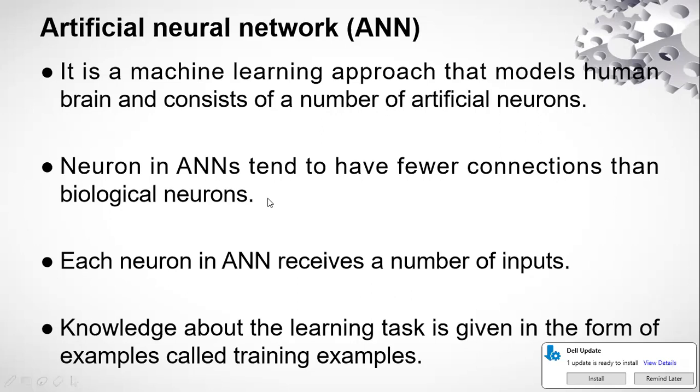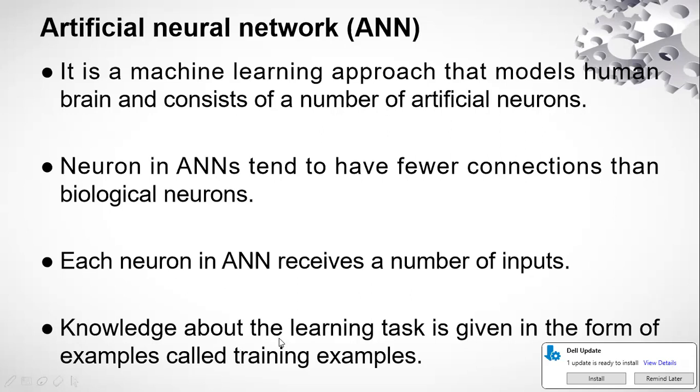We do not have the same capacity of working as the human brain, but we are trying to mimic it. Next, each neuron in an ANN receives a number of inputs and gives a certain output. Each neuron receives a specific number of inputs, and the output is given to the next layer.